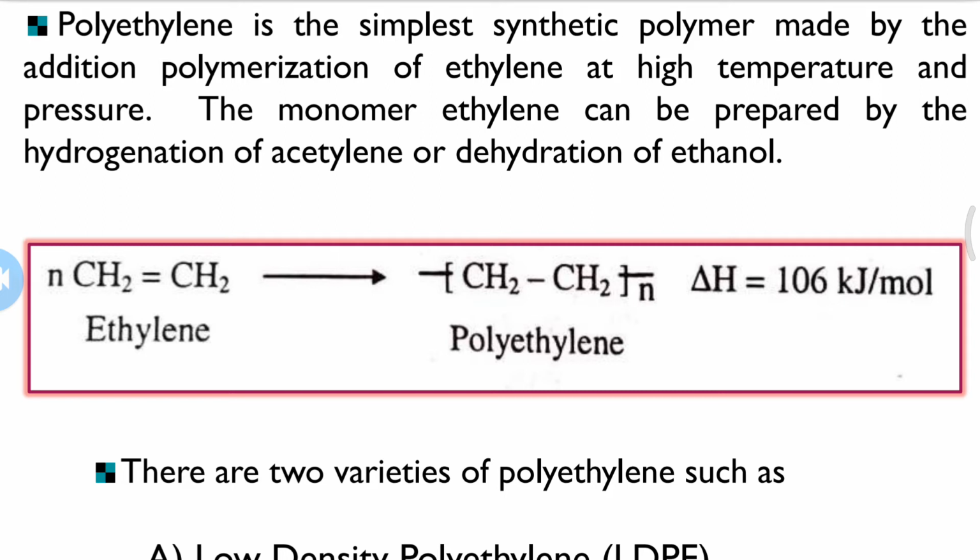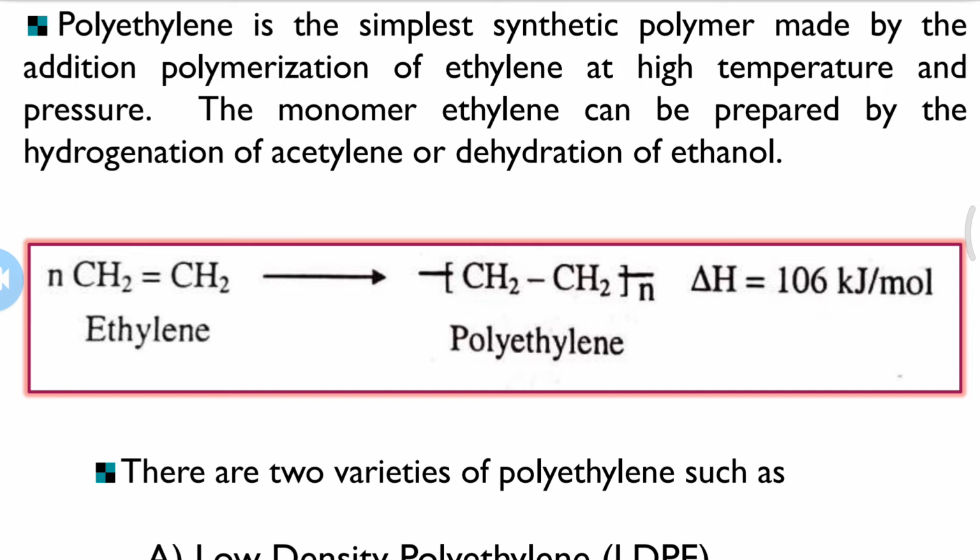The monomer used in polyethylene preparation is ethylene, and it can be prepared by hydrogenation of acetylene or dehydration of ethanol. Hydrogenation of acetylene, CH triple bond CH, means addition of hydrogen, and dehydration of ethanol means removal of water, to form ethylene as a monomer.